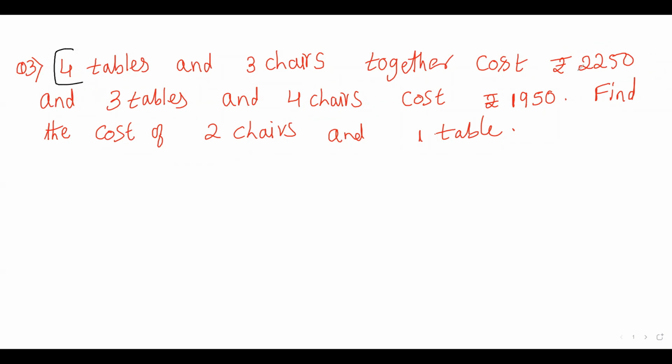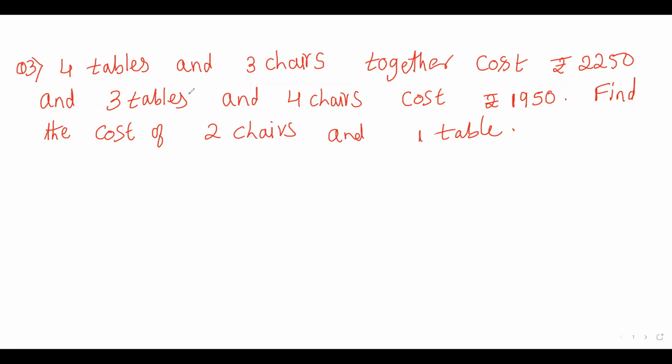From here to here is the first condition, and from this part to this part you will get the second condition. Making use of these two conditions, you have to make two linear equations and solve those equations to get your final answer. This is the basic idea in the pair of linear equations chapter.